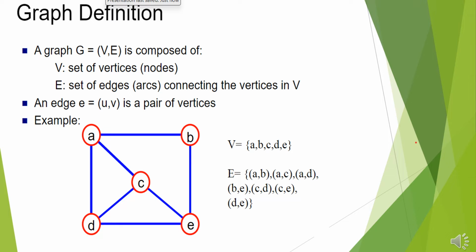As an example, we can see a graph which contains A, B, C, D and E. The nodes in the diagram are A, B, C, D and E, and the edges, which are pairs of vertices, are (A, B), (A, C), (A, D), (B, E), (C, D), (C, E) and (D, E).